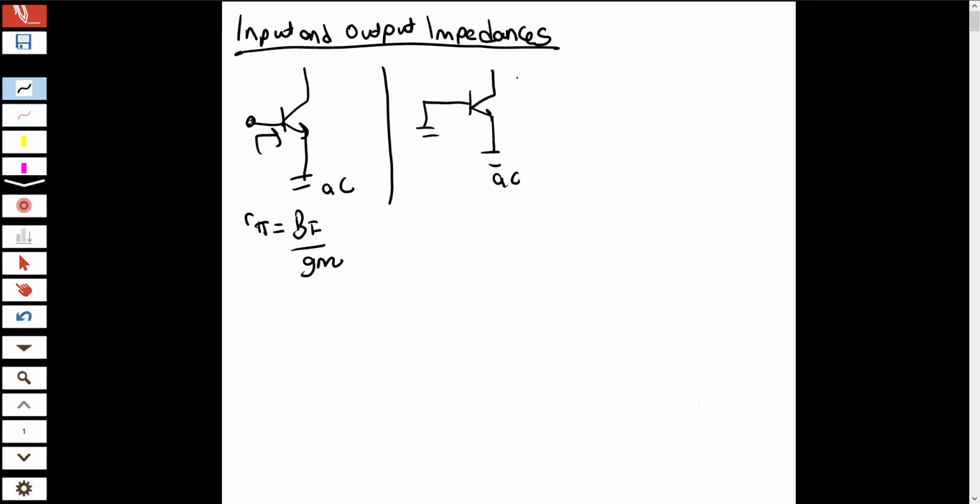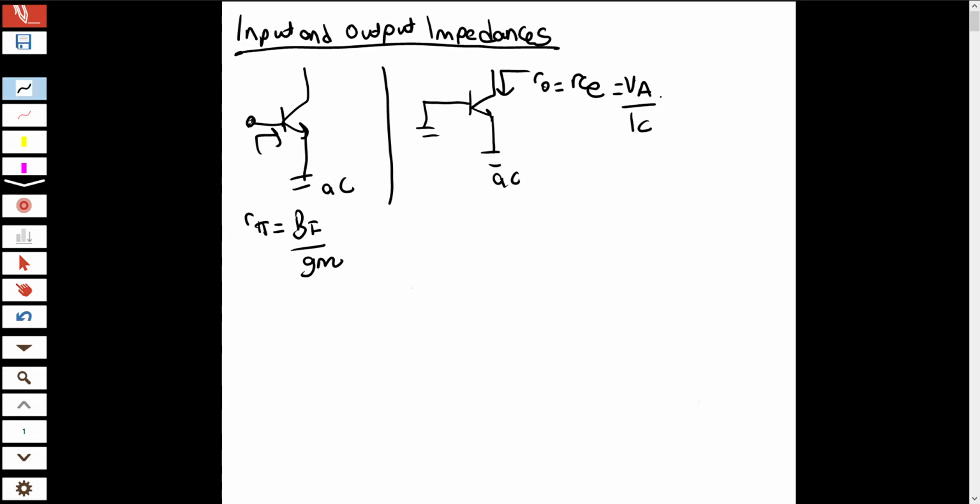if you look at the circuit and look for output resistance from here, what you see is r_o. Okay, what is r_o? r_o is V_A, the early voltage, divided by I_C. In our analysis thus far, I always neglected the r_o component because it is too large.